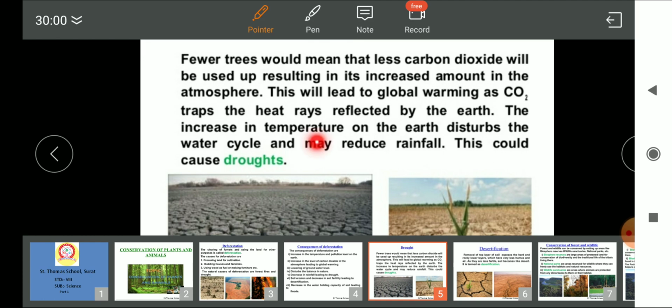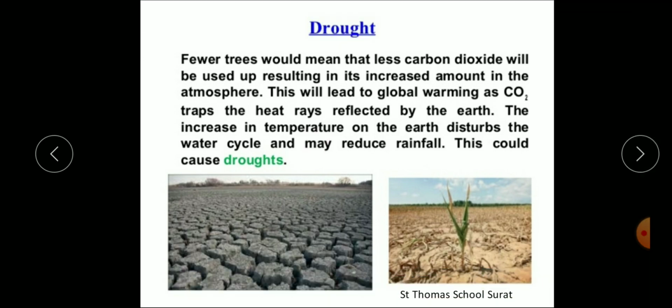So this will lead to global warming, as carbon dioxide traps the heat reflected by the earth. The increase in temperature on the earth disturbs the water cycle and may reduce what? It will reduce the rainfall. This could cause droughts. You can see here, without water, how the land is. Yes or no?